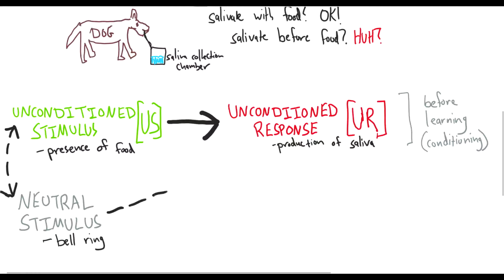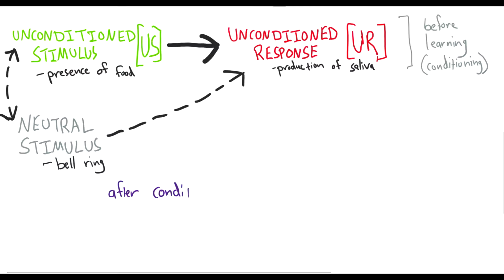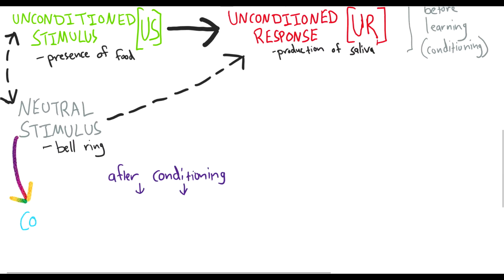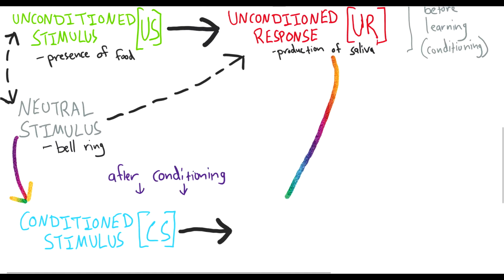Once this association has been learned, we can remove the unconditioned stimulus, and we'll see salivation in response to the neutral stimulus. Now that the conditioning has successfully led to this new association, this is no longer a neutral stimulus, and we say the bell is the conditioned stimulus, and this produces the conditioned response, in this case, the production of saliva.